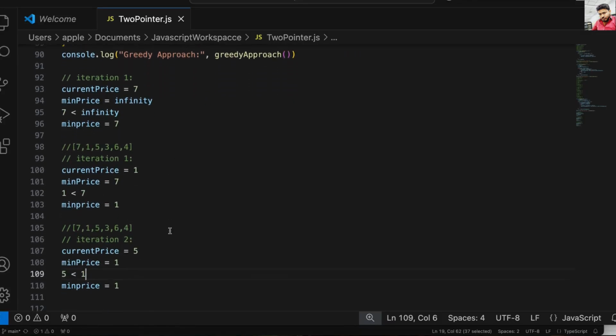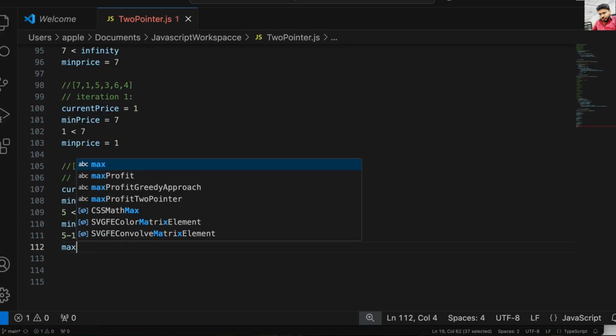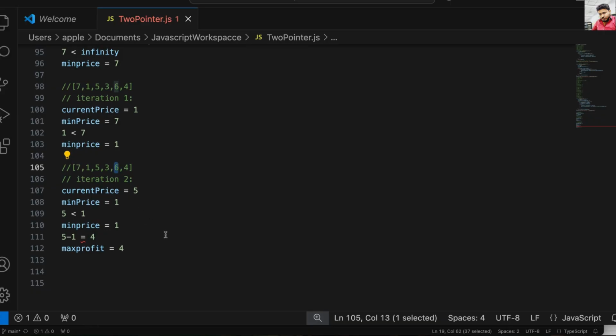So we do 5 minus 1 is equal to 4. The max profit is equal to 4. The max profit is updated, right? So we need to do it for 3 and 6. For 6 we will find the max profit, which is 5.